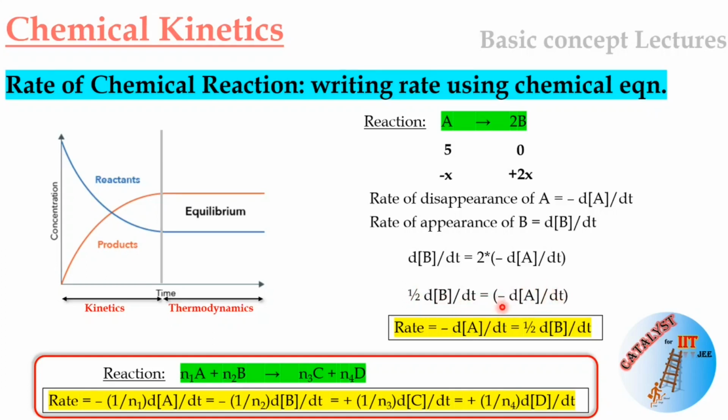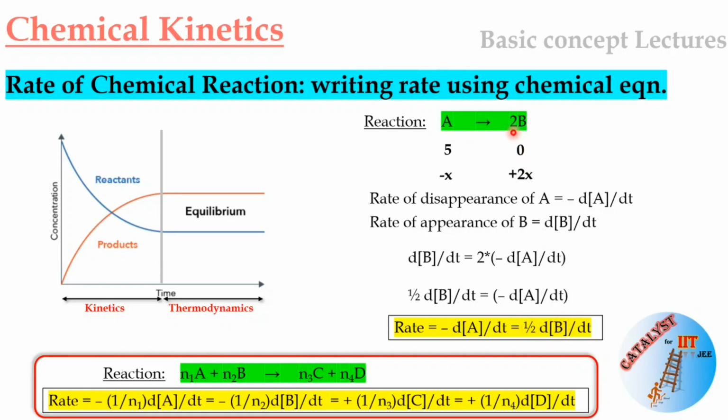So this is my rate of the reaction: rate equals minus dA by dt equals half dB by dt. If you notice this part carefully, this minus sign is because of the reactant consumption, and here the sign is positive because the product is forming.